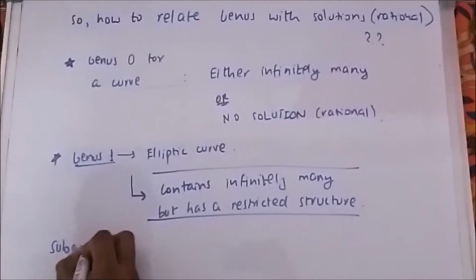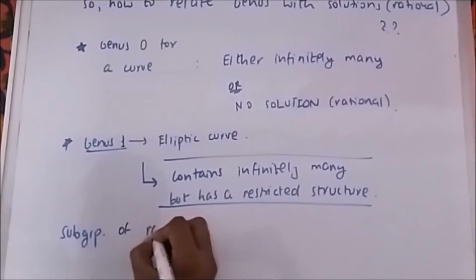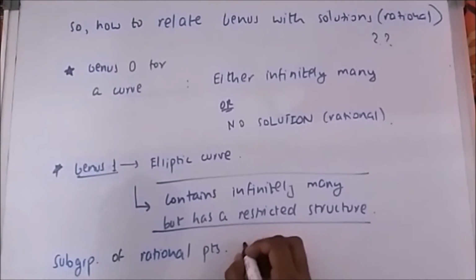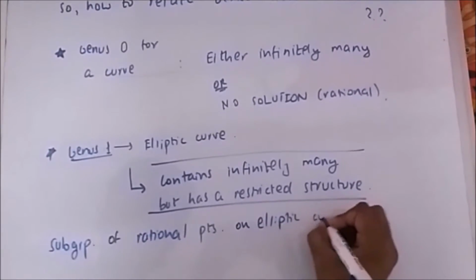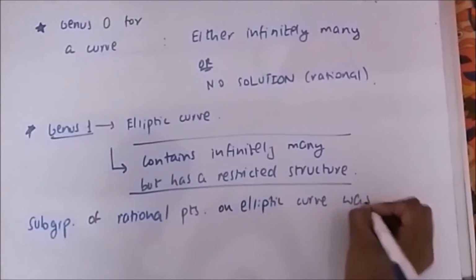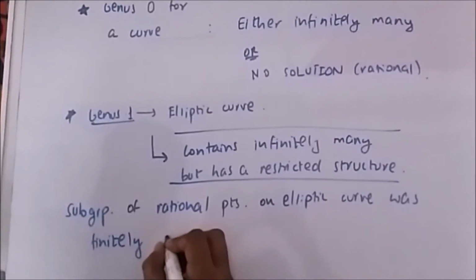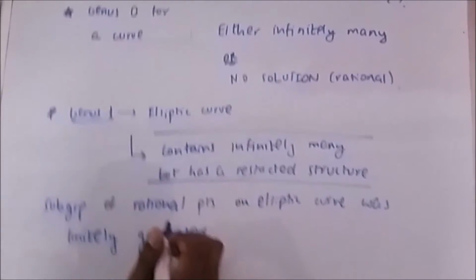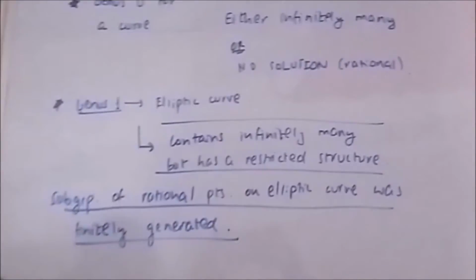It basically means that the subgroup of rational points on elliptic curves is finitely generated, though infinite.